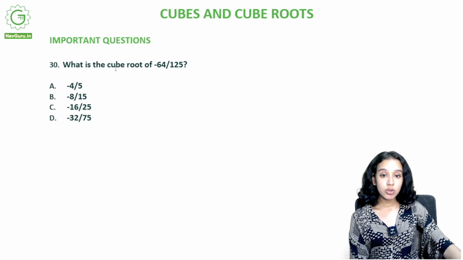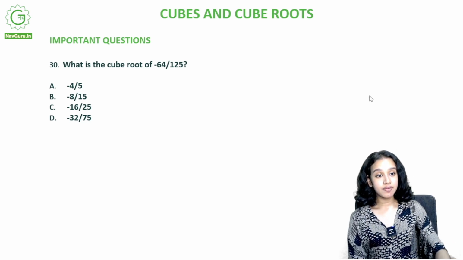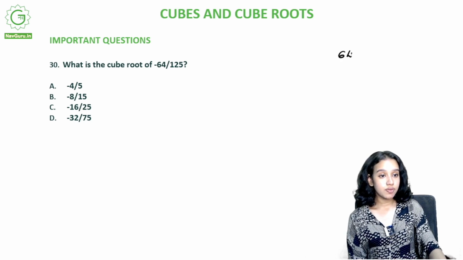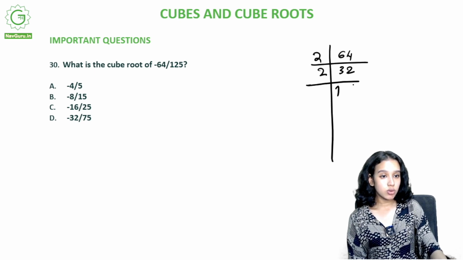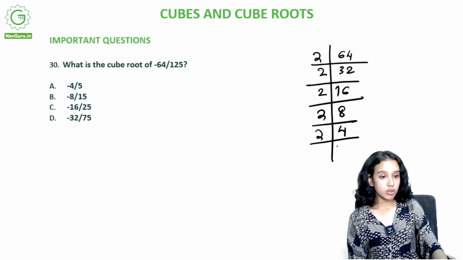What is the cube root of minus 64 by 125? So 64: 2, 32, 2, 1 2s are 2, 1, 2, 6, again 2, 8, 2, 4, by 2 again we get 2, again 1.